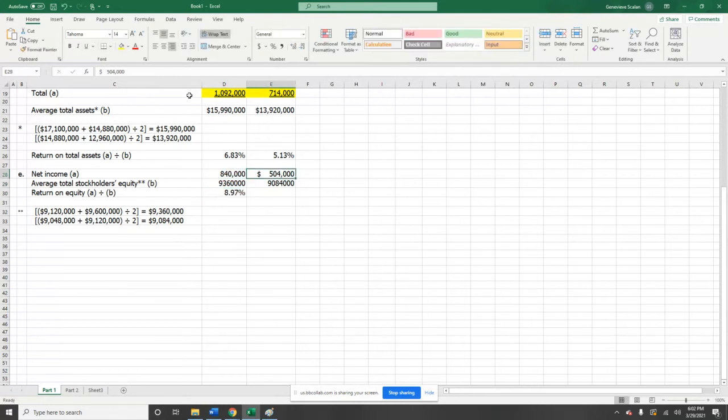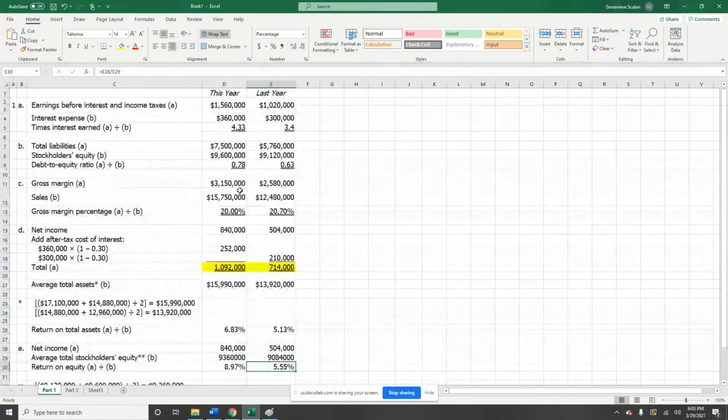All right, and we'll do the same thing here. So in the previous year, that's equal to the net income divided by the average total stockholders' equity. So we've got 9, I guess I call that 9%, and I guess I'd call that 5.6%. So that's what we got there.